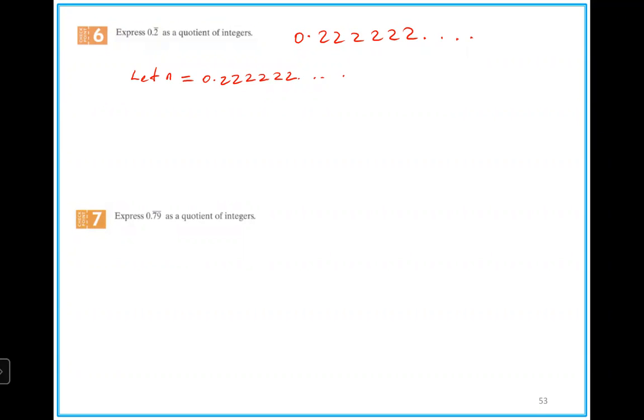Do we have 1 digit repeating, 2 digits, 3 digits? 1 digit. So what are we going to multiply by? 10. So you're going to multiply by 10, and you're going to end up with 10n equals, when you multiply 0.2222 by 10, what do you get?